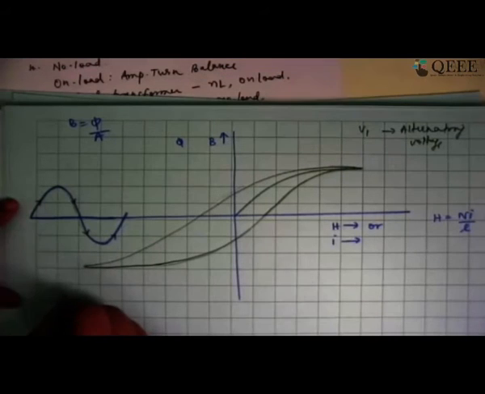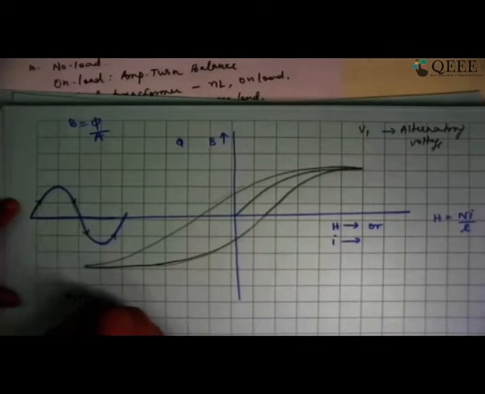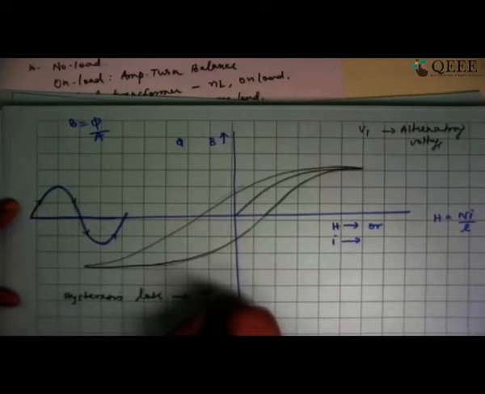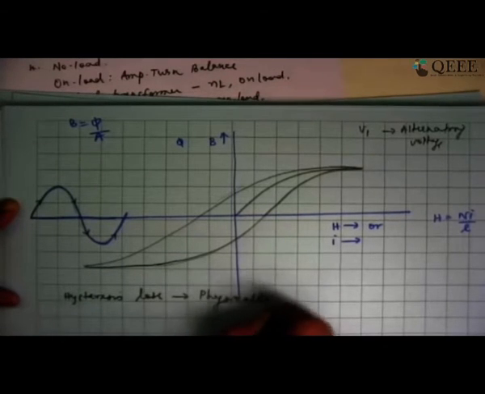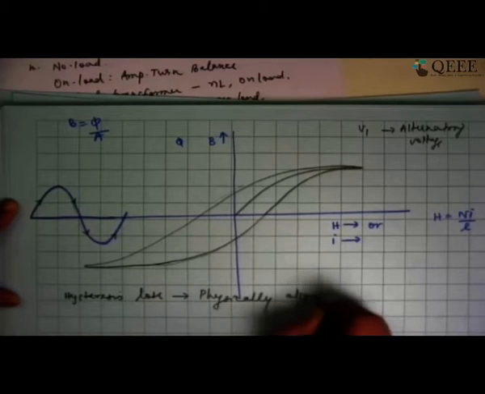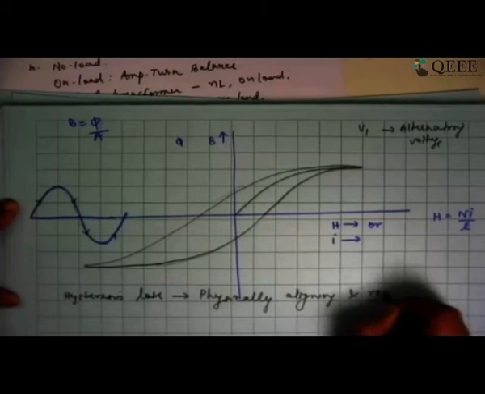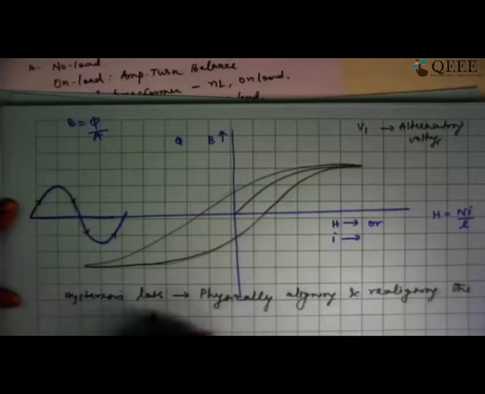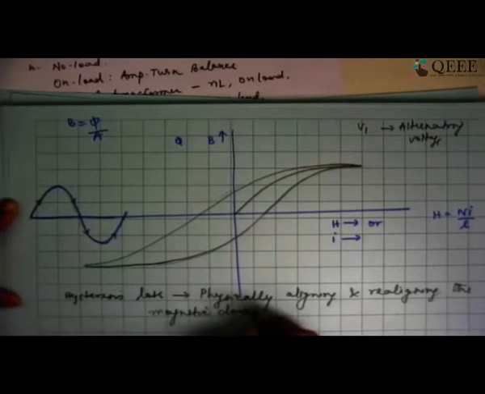So hysteresis loss is incurred because of physically aligning and realigning the magnetic domains during every cycle.